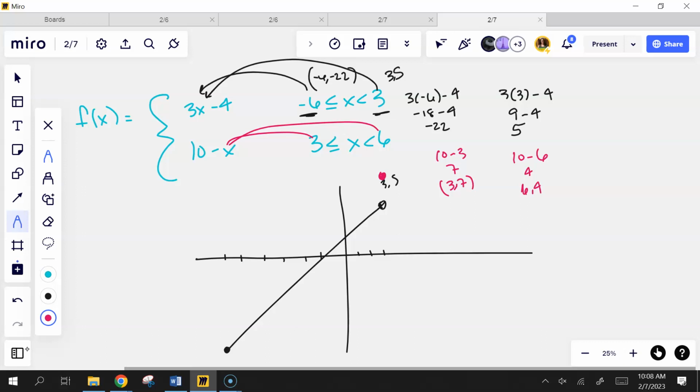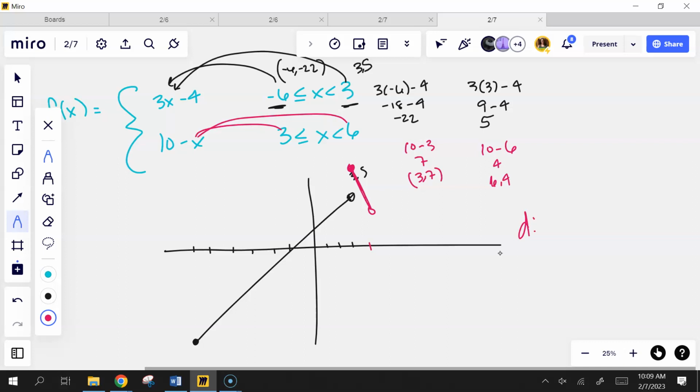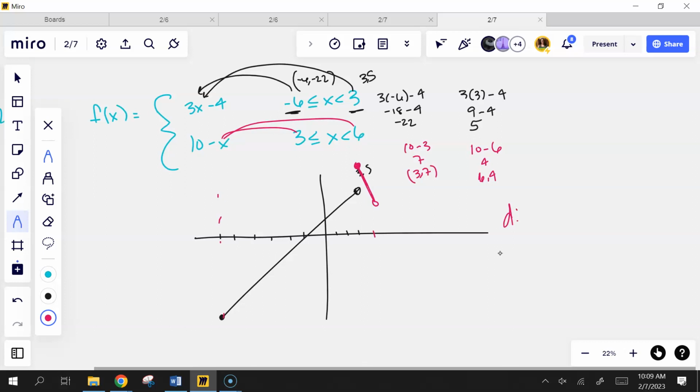Open or closed? Okay, so think about on Desmos yesterday, where we were shading.